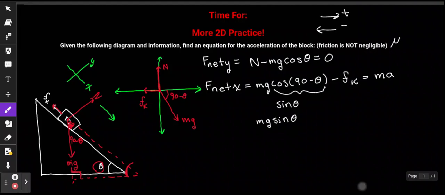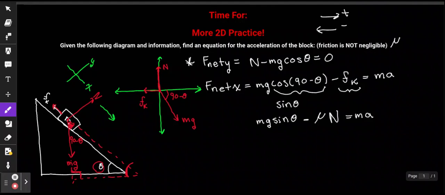And if we put the frictional force into the equation, we know that kinetic friction is equal to the coefficient times the normal force, and this is equal to ma. However, we don't know our normal force, but we do have our F net y equation, and we can solve for it.